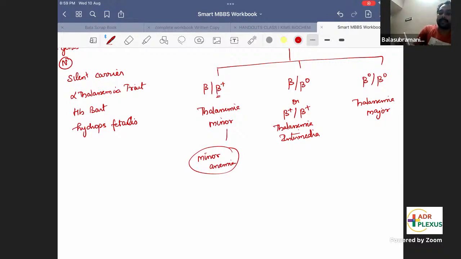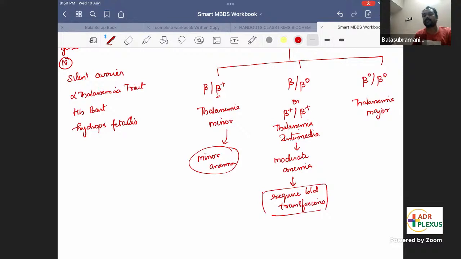So in minor, you have only minor anemia. In thalassemia intermedia, you have moderate anemia, and this will require blood transfusions. Whereas in thalassemia major, it will be very severe anemia.